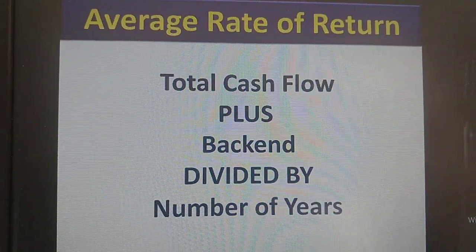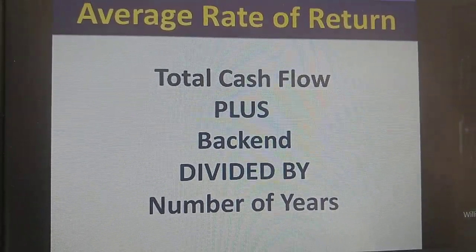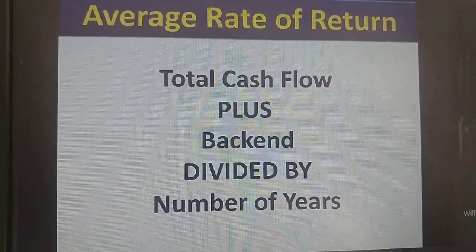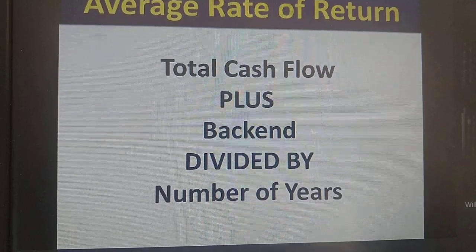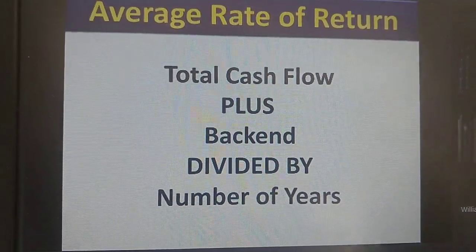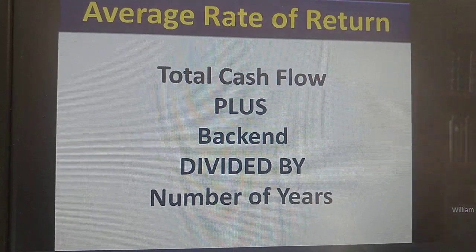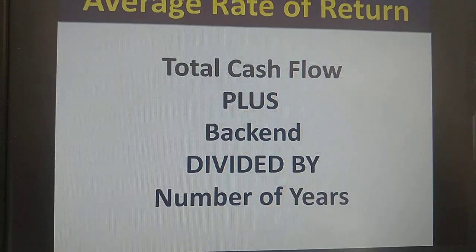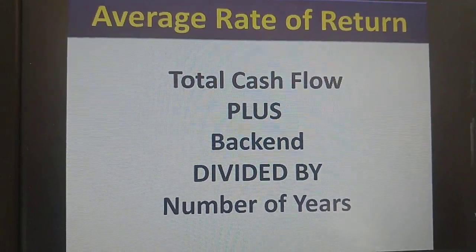So it's the total cash flow that you had for those 3, 5, or 10 years, plus what you made when you sold it, the back-end profit, and then we're going to divide that by the number of years. So we take our cash flow, let's say it's a 5-year deal, 5 years of cash flow, plus the net profit when you sell, add those two together, and divide by 5 years. And that will give you your average rate of return.